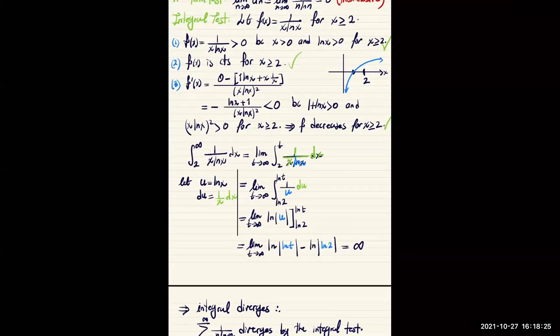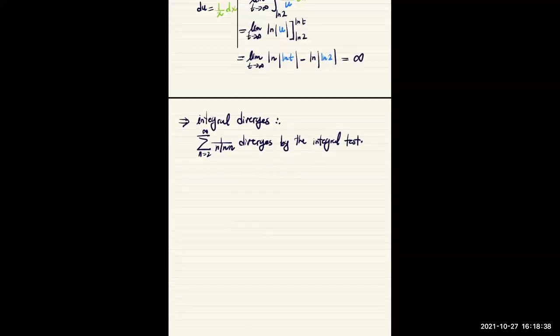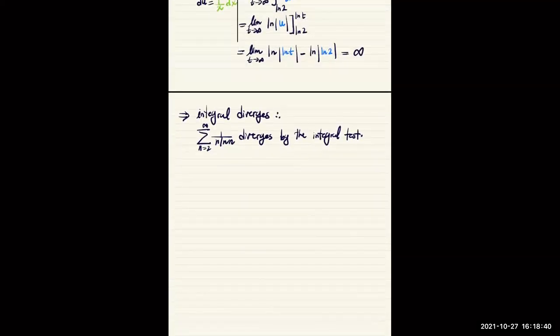Before we go, we have the P series theorem, the definition of a P series. I was going to do this tomorrow, but let me write it. A P series is just like a P integral.